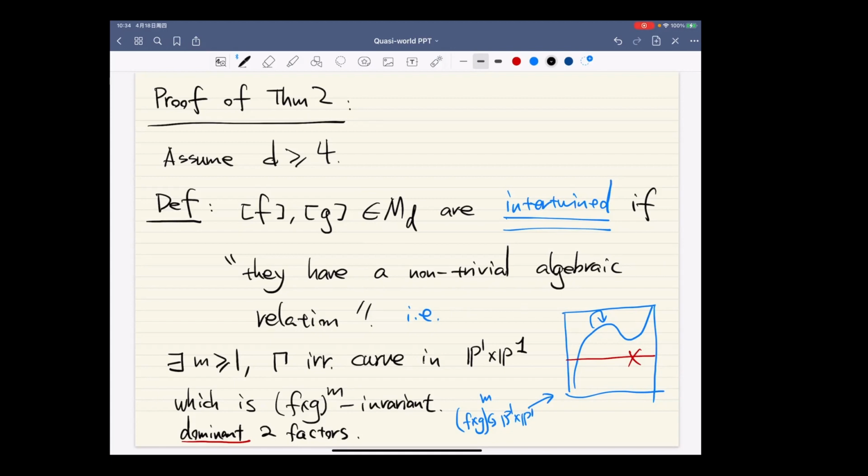You see that the blue curve is invariant under this F times G^m action, so it is a non-trivial algebraic relation. And the red one is not, because it is horizontal. If we project to the second factor, the projection is just one point, so it's not a non-trivial relation. So we say that F and G are intertwined if we have a non-trivial algebraic relation like this.